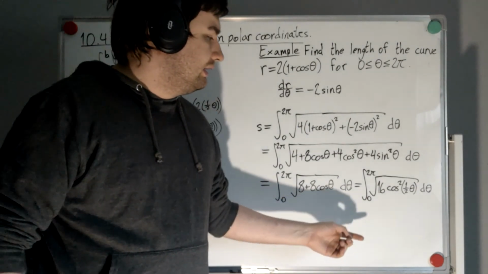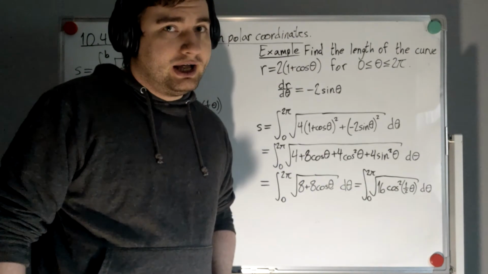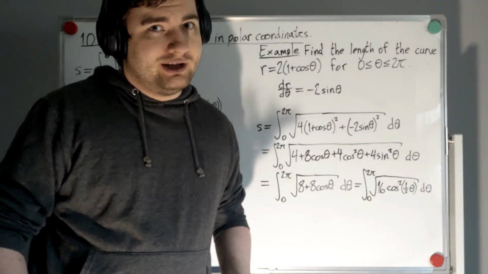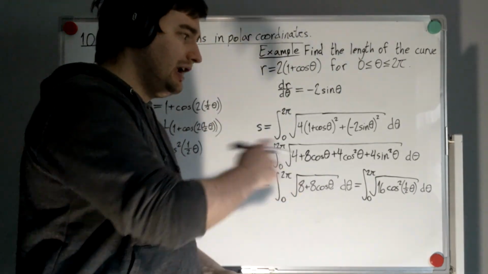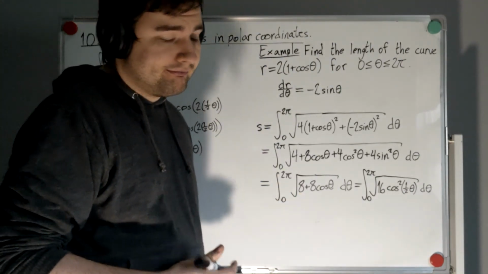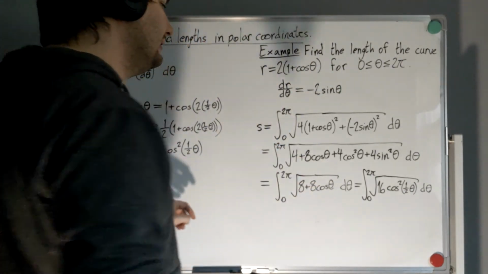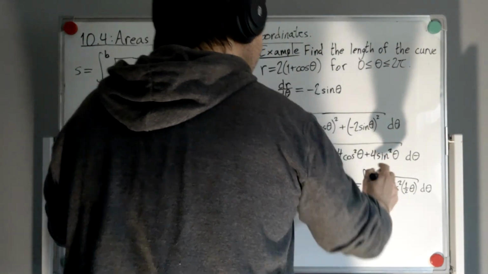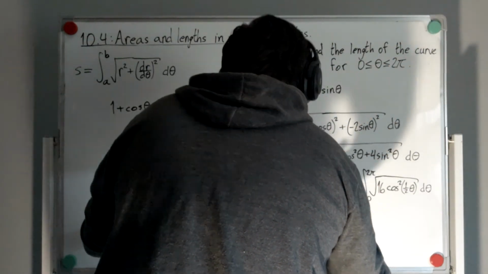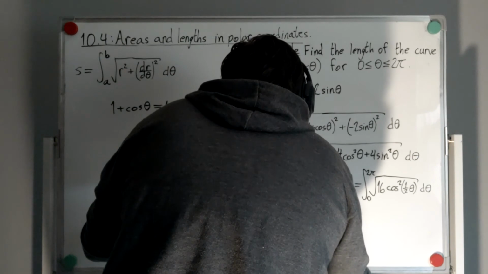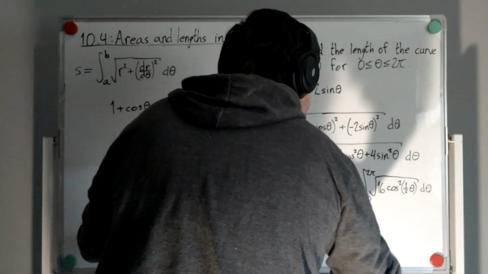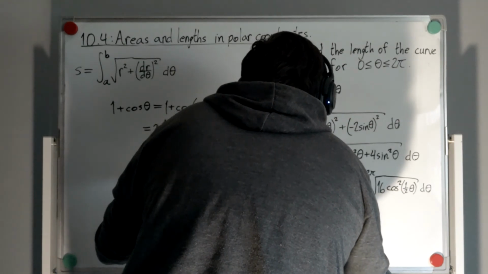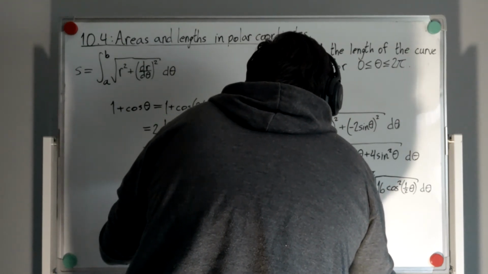Between 0 and pi, cosine theta is positive up until pi over 2, and then negative after that. So let's think about what we have to do here. First of all, the square root of 16 is just 4, so this just becomes 4 times the integral from 0 to 2 pi of the absolute value of cosine 1/2 theta.